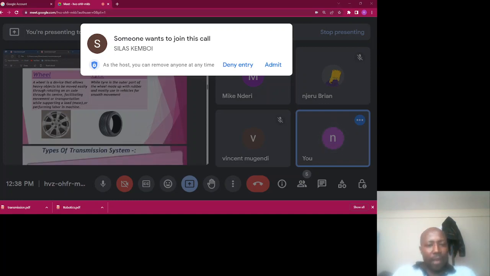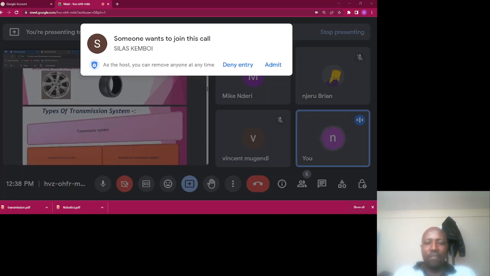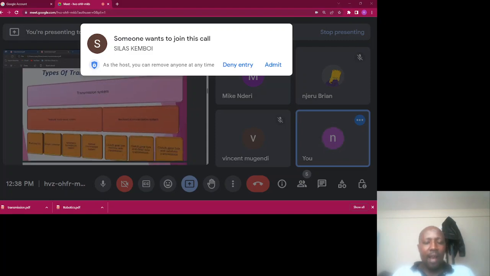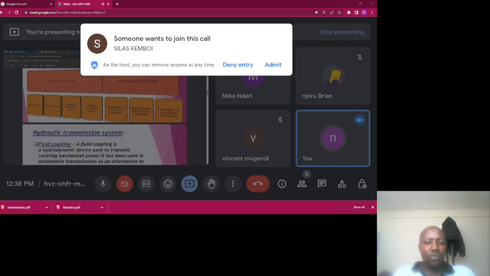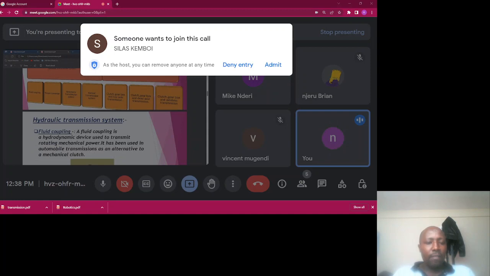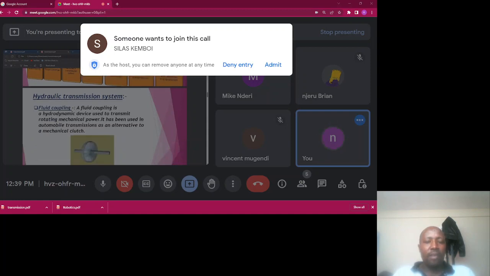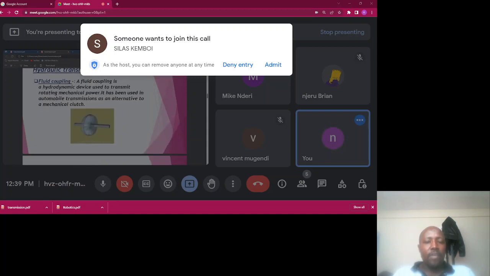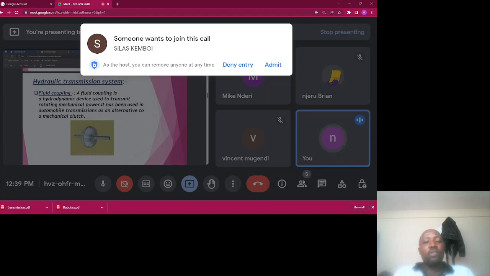Now, I want us to have a recap of what we have learned today, and take you through the main components of the transmission system. Before that, I want to give you an assignment. But before the assignment, let's see the main components of a transmission system.